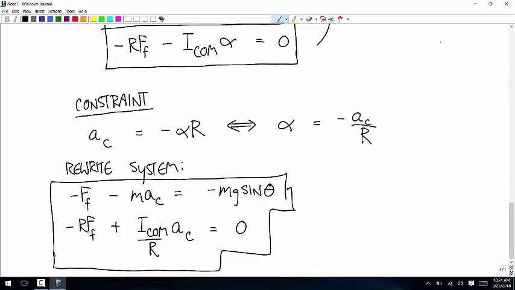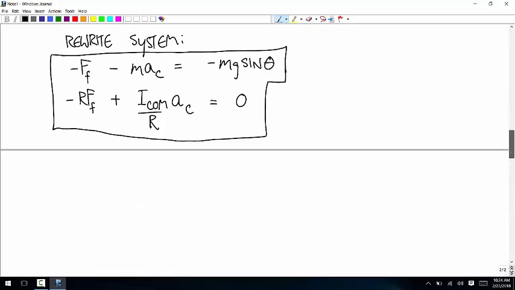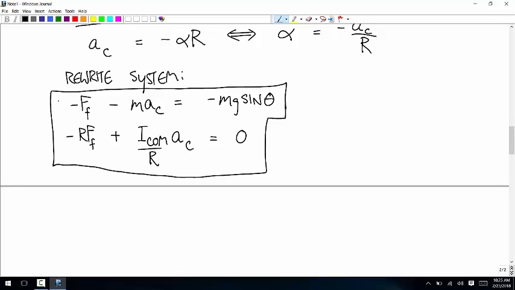And if we're trying to solve this system, we can take the first one and subtract the second one. Let me just rewrite these again. So I'm going to multiply the first one times R. I'm going to multiply the second one times negative 1.